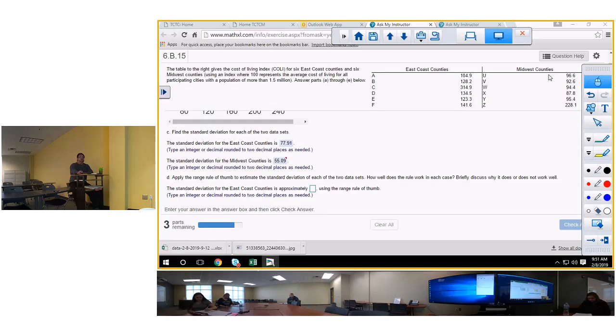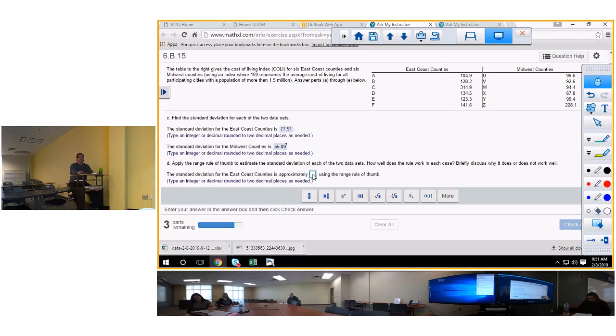And the standard deviation is approximately, okay, I'm not going to do the rule of thumb, but the range rule of thumb is you take the highest minus the lowest and divide by 4.